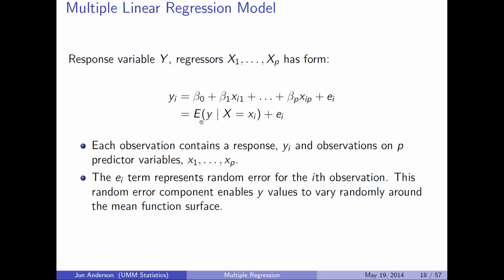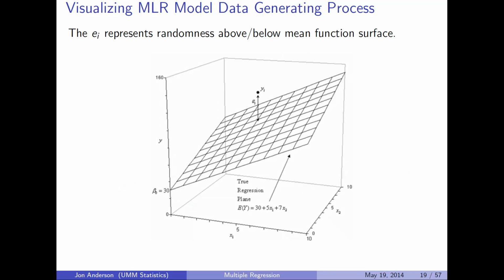Another way to write that is that a y observation is just a mean function value with random error above and below it. And this randomness, the random error pieces, is what produces variation around the mean surface.